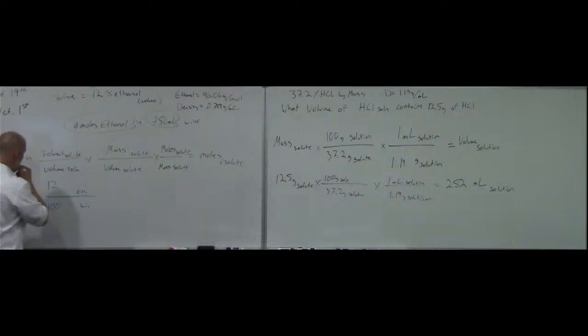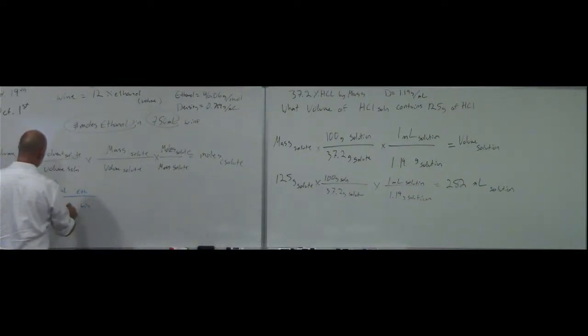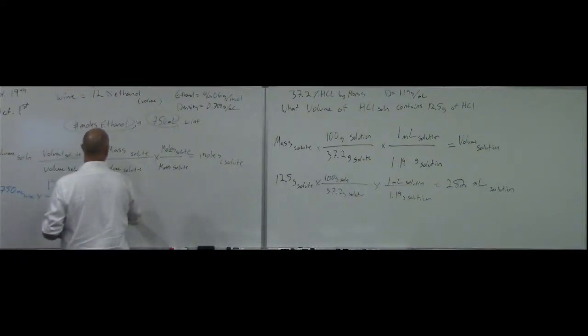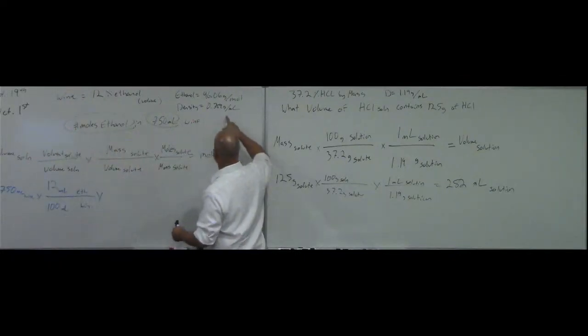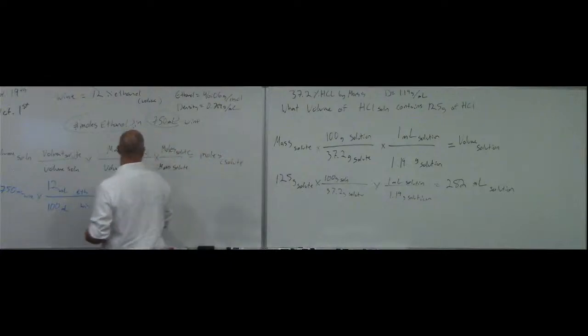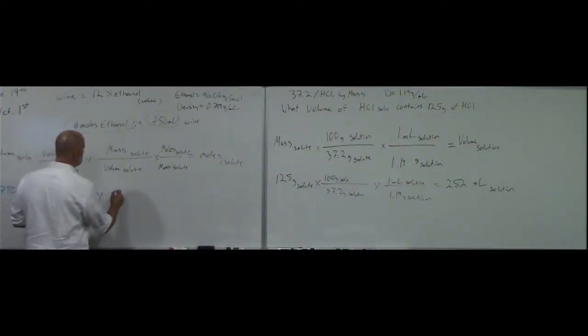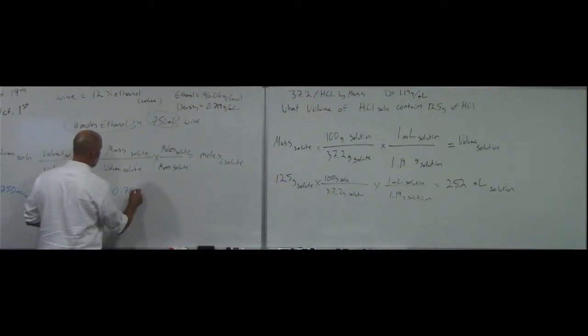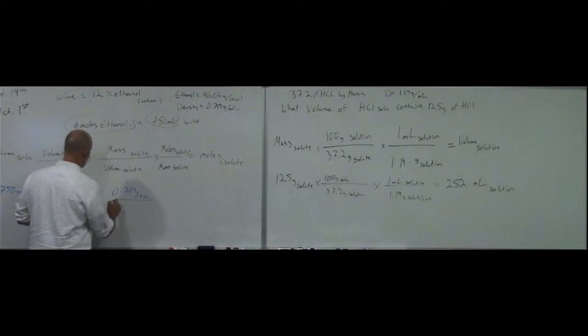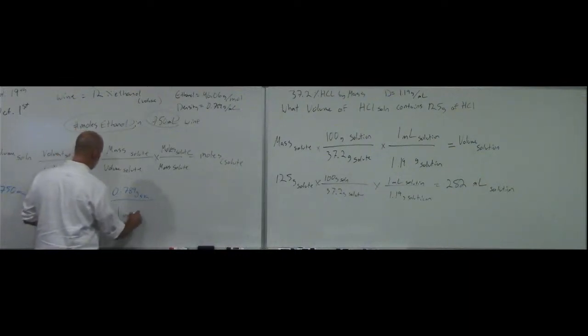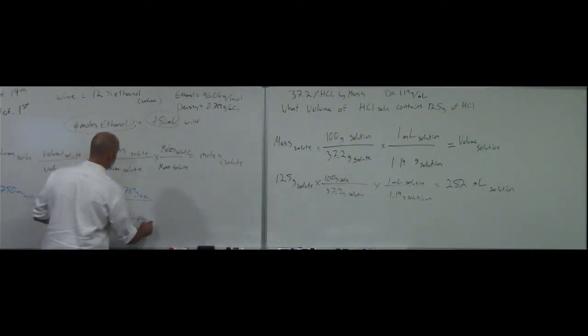This is in milliliters also, right? Okay, good. Now I'm going to come over here and use my density. So my density says I have how many grams of ethanol per milliliter, I should say. 0.789 grams of ethanol for every 1 milliliter of ethanol, right?